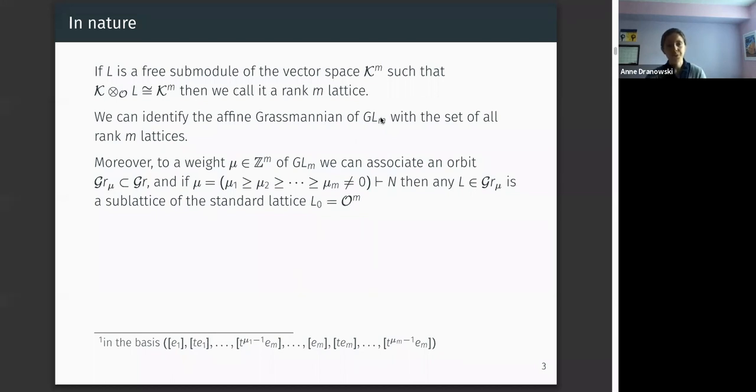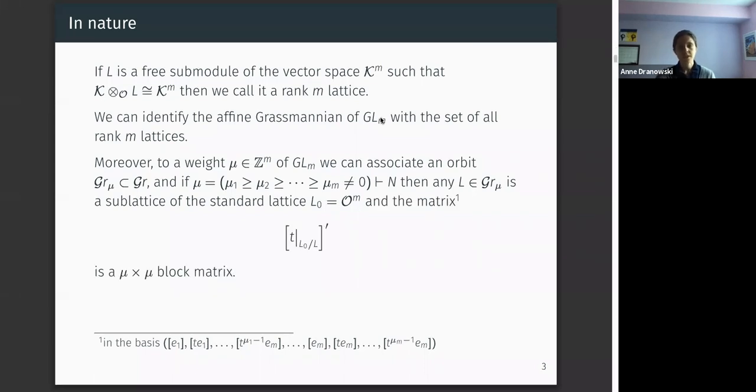If the weight mu is a non-decreasing tuple of positive numbers, so can be viewed as a partition of size n, then any element of this orbit is a sublattice of the standard lattice, L0.